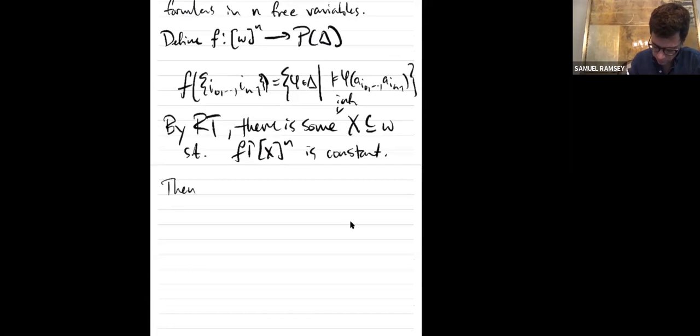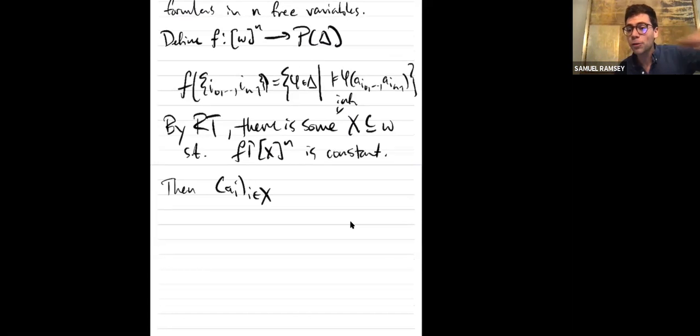Then I can look at the restriction of a_i, i in X. Now, let's remember the way that the EM type was defined. It said that if I take an n-tuple from anywhere in the sequence, then the formula has to be true. If I restrict to a subsequence, that's still the case, since an n-tuple from a subsequence is an n-tuple from the big sequence.